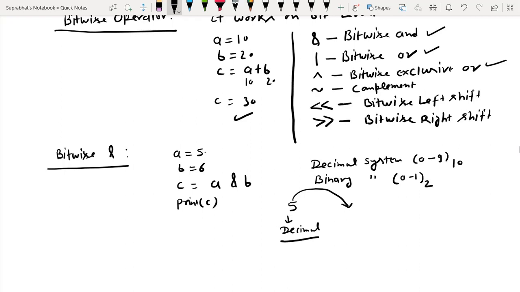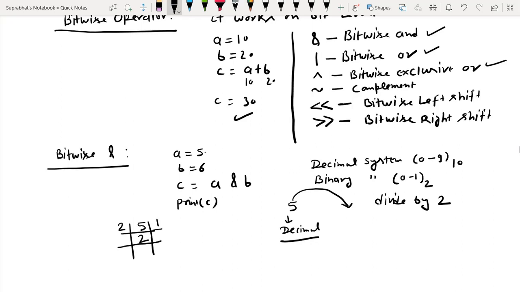So let me tell you, 5 is in decimal. So how do we convert decimal into binary? We just divide by 2. Here 5, if I divide 5 by 2, 2 2s are 4 and remainder is 1.